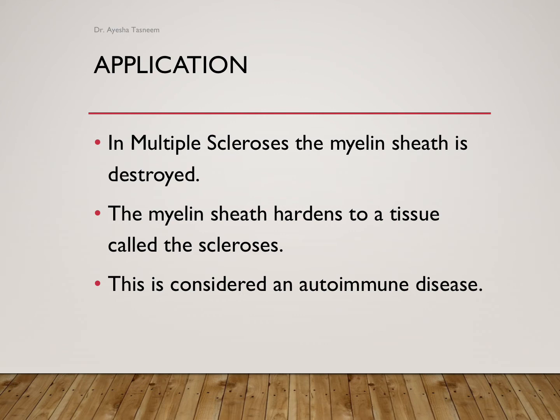The myelin sheath hardens into scar tissue, and the disease is known as sclerosis, and this is considered an autoimmune disease.